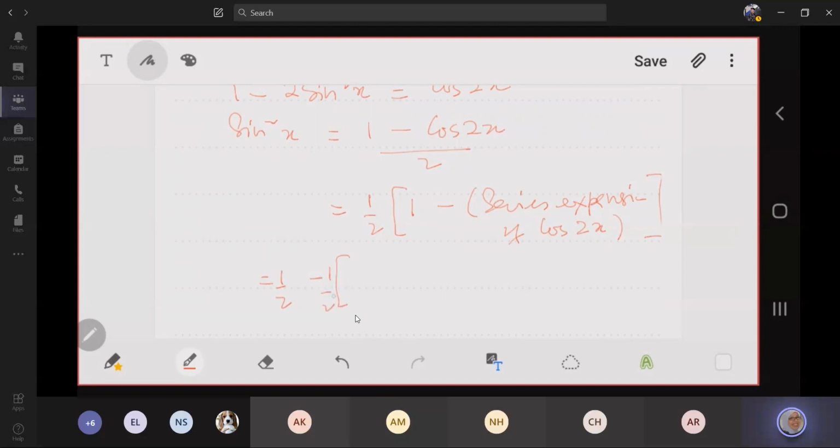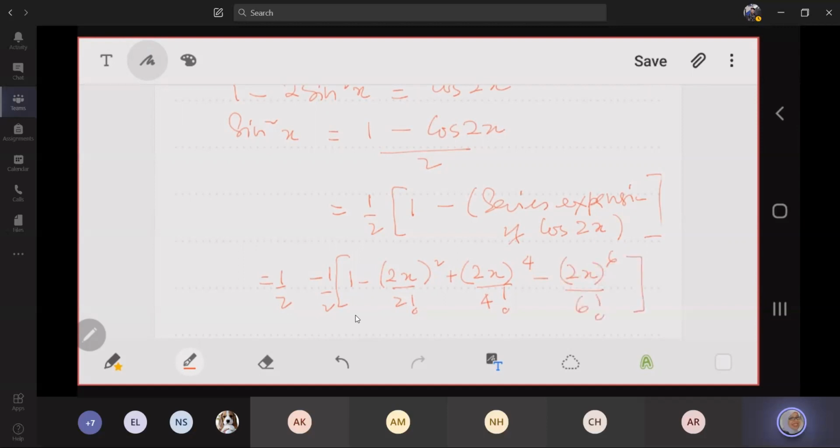The series expansion of cos x, so for cos 2x is going to be 1 minus (2x) squared on 2 factorial, plus (2x) to the power of 4 on 4 factorial, and then minus (2x) to the power of 6 on 6 factorial.